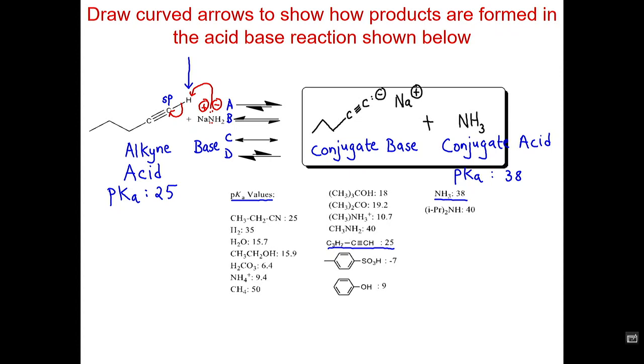As you remember, higher pKa means a weak acid. So ammonia is a weaker acid in this reaction.